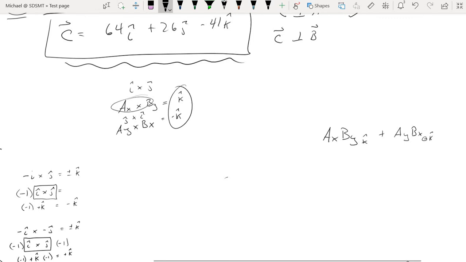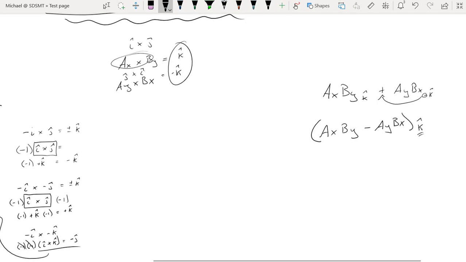Well, let's take that minus sign and move it out to the front here. And now what we have is a general expression that takes all of those x and y components that have been crossed together, and it tells us what the final z component of our resultant vector needs to be.